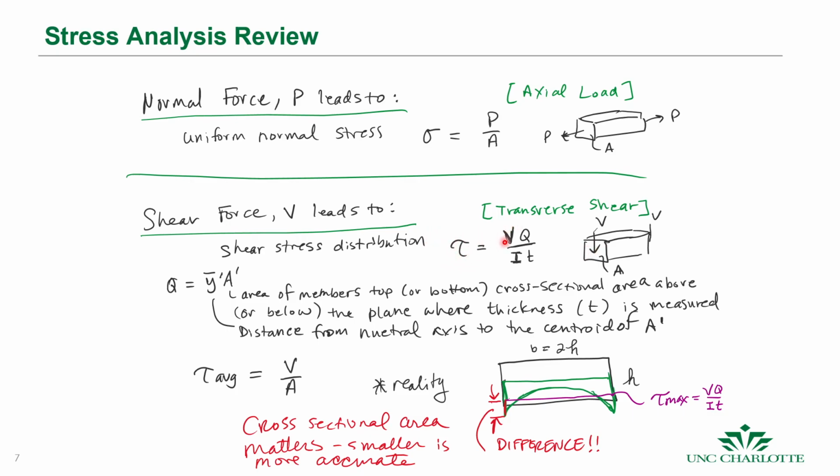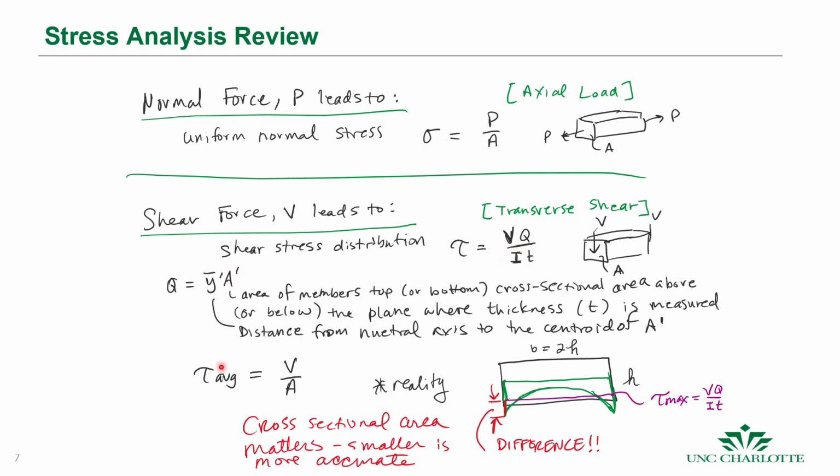So we would have the shear force, the moment of inertia, the thickness, and then this area above the plane of that thickness. We'd have the centroidal distance to that area, and then that area itself above.